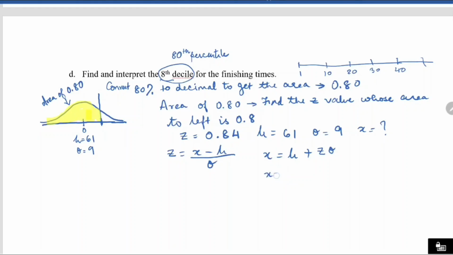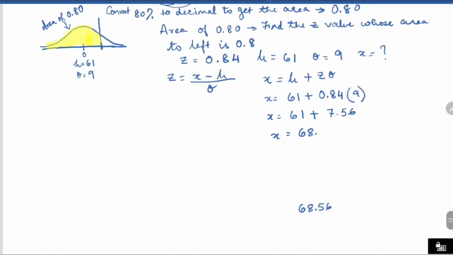So x will be equal to 61 plus 0.84, what we found from the table, times sigma, which is 9, correct? So we will have x equals 61 plus 0.84 times 9, which is 7.56, for an x value of 68.56.